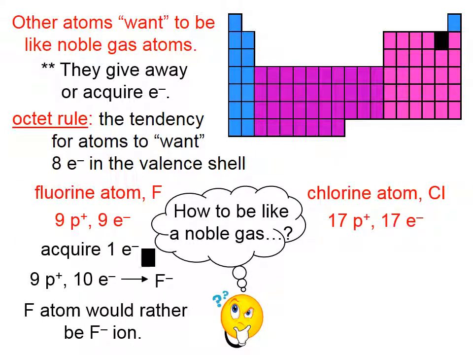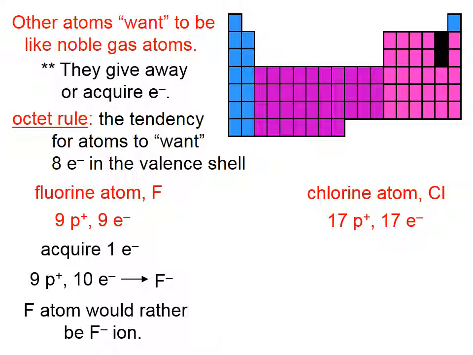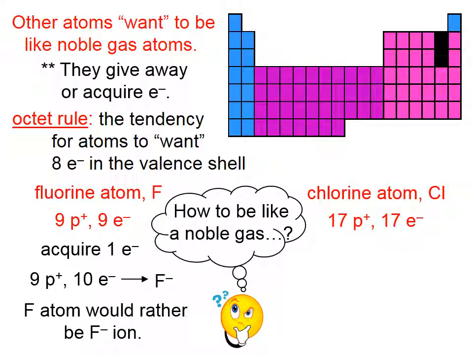Let's take another atom. How about chlorine? Chlorine is right below fluorine. It has 17 protons and 17 electrons. How could it become like a noble gas? Well, it would do the same thing. It would acquire or steal somehow 1 electron so that it would have 18, which is the same number of electrons that this noble gas has right next to it, argon.